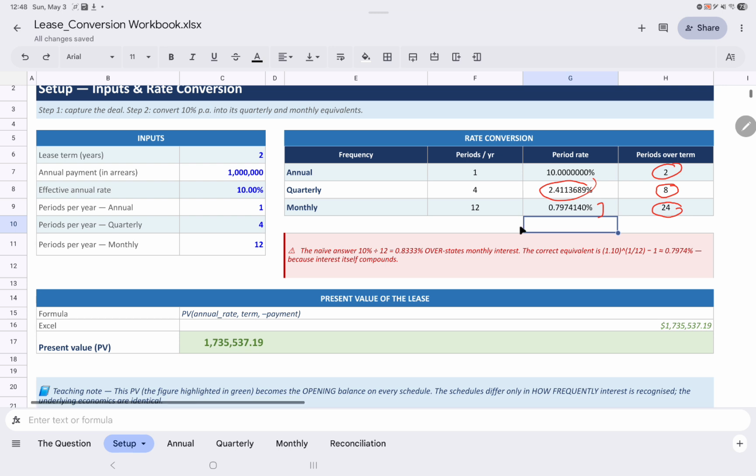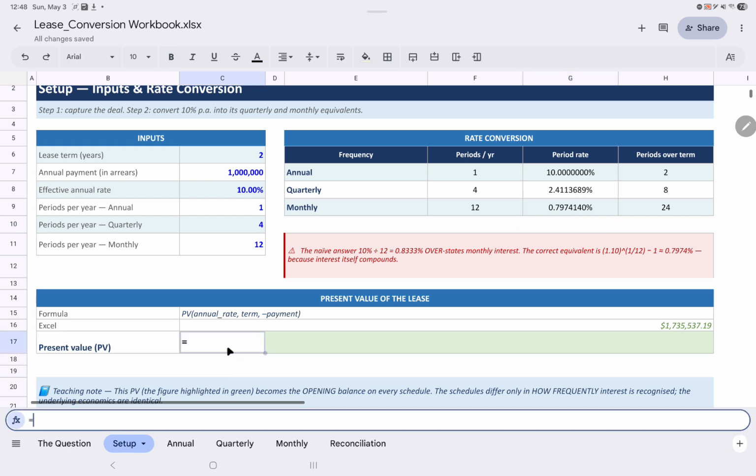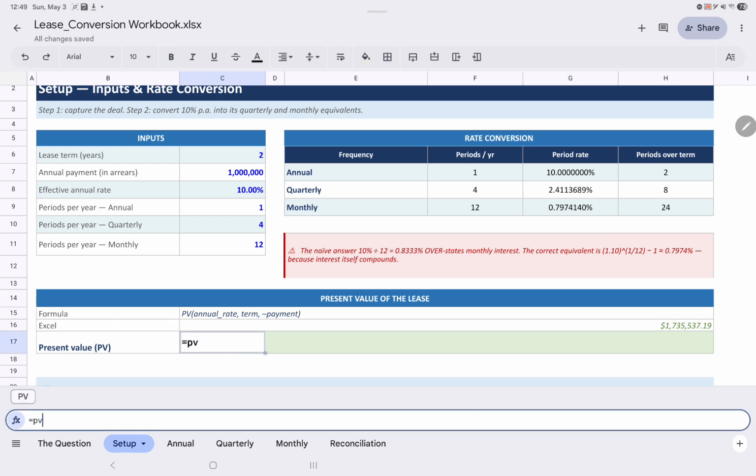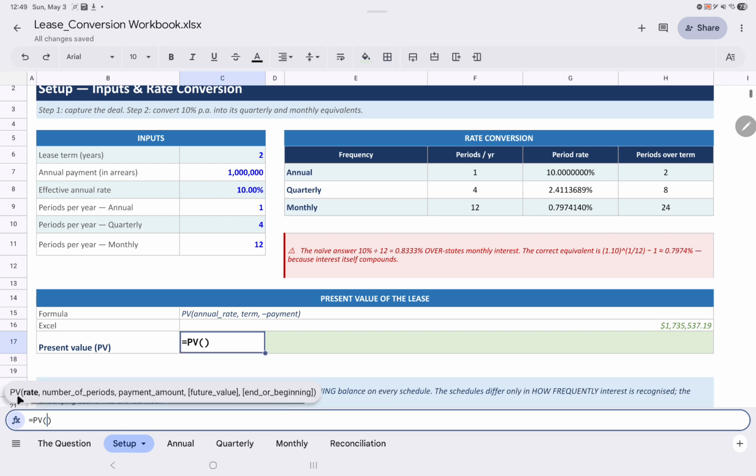Let us calculate the present value. This is how we do it. We say is equal to PV, open the bracket. We start with the rate, 0.1, comma. What else do we need?